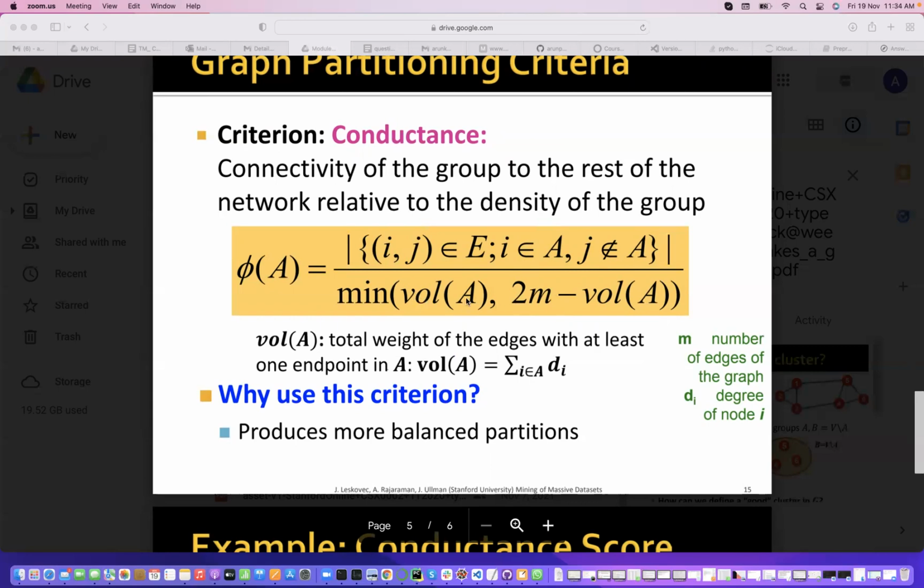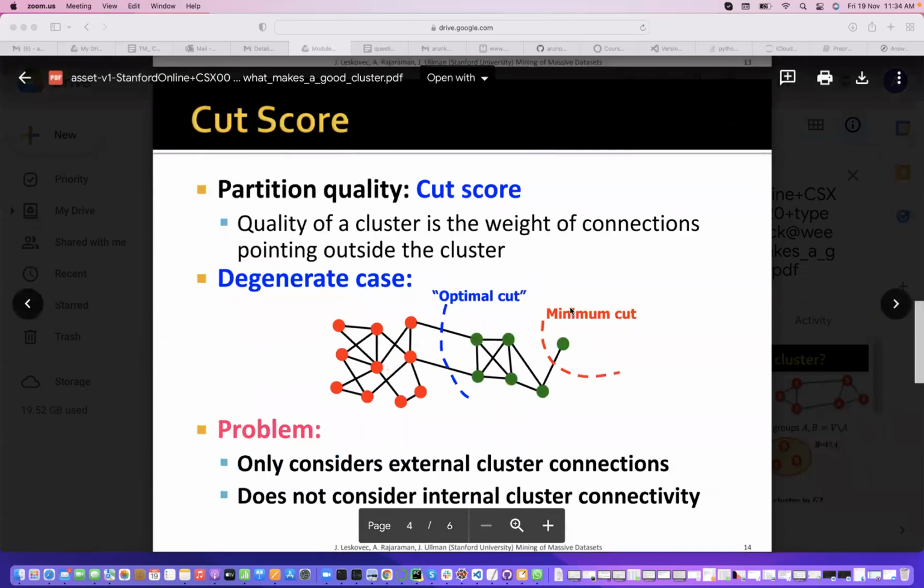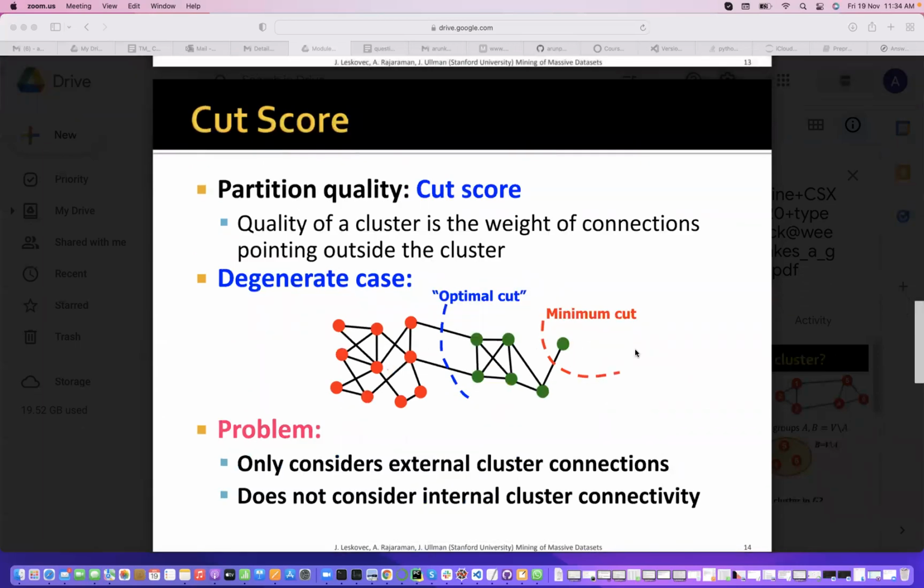So don't consider only one group. If you make two groups, the remaining 2m minus volume of A will give you the number of edges outside of A. So take the minimum of whatever you get. If you take only one point, internally it is all connected because only one is there.